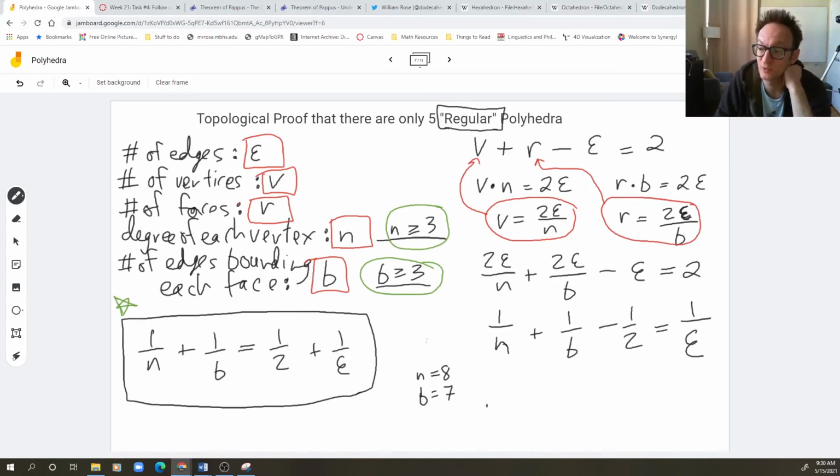One way of interpreting this equation is that 1 over n plus 1 over b has to be greater than a half, because we do need to have some edges. There's only a certain number of positive integers n and b such that the sum of their reciprocals is bigger than a half. And we just count them all, and that's the whole thing.